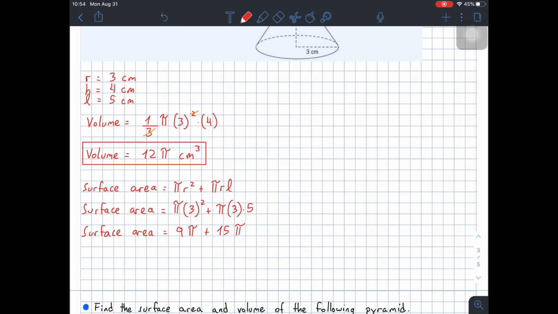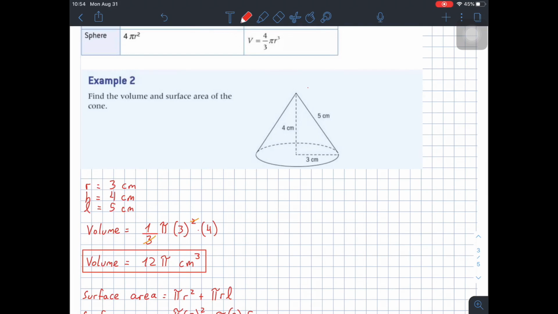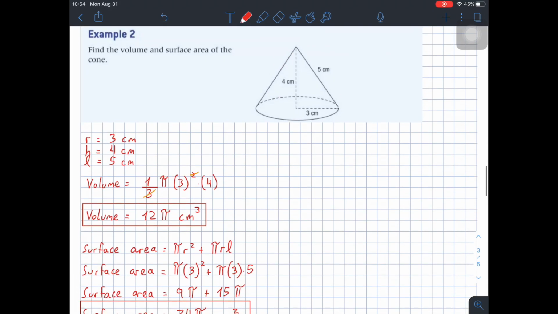And if we add these like terms, we're going to get that the surface area is equal to 9 plus 15, that's 24 pi. 24 pi, and this is centimeters squared because we're talking about area. Okay, so that's how we find volume and surface area of a cone. We need to have these essential 3 pieces of information in order to be able to solve.